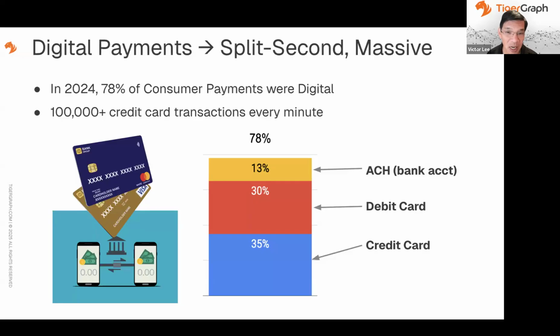So 78% of consumer payments are digital, which means they happen in a fraction of a second, maybe sometimes a little bit slower, but on the order of a second, with a total of over 100,000 payments every minute of every day. So it's a massive scale.